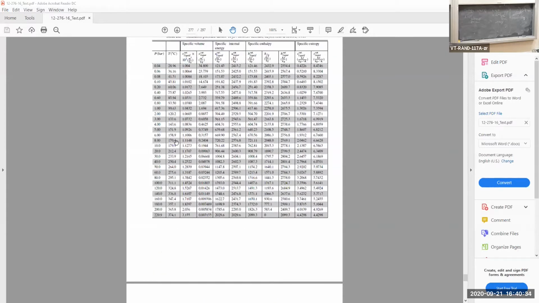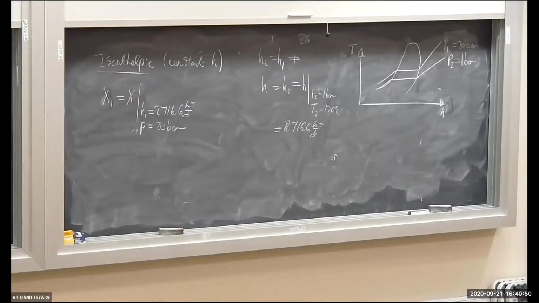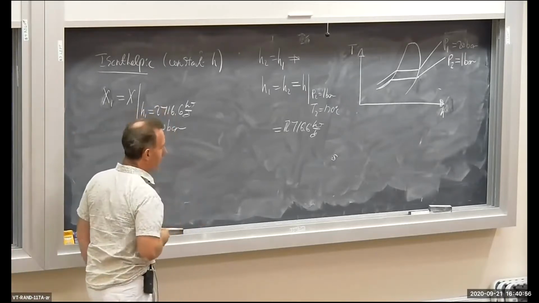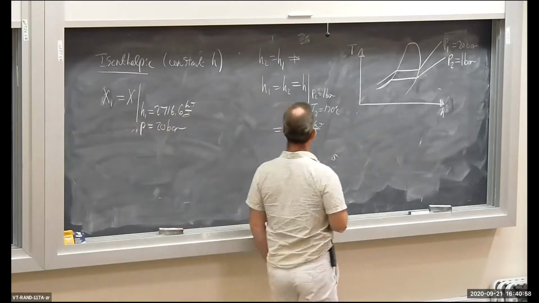Let's see here, pressure table, 20 bar. Specific enthalpy, 2799.5. That's for the saturated vapor at 20 bar. We are below 2799.